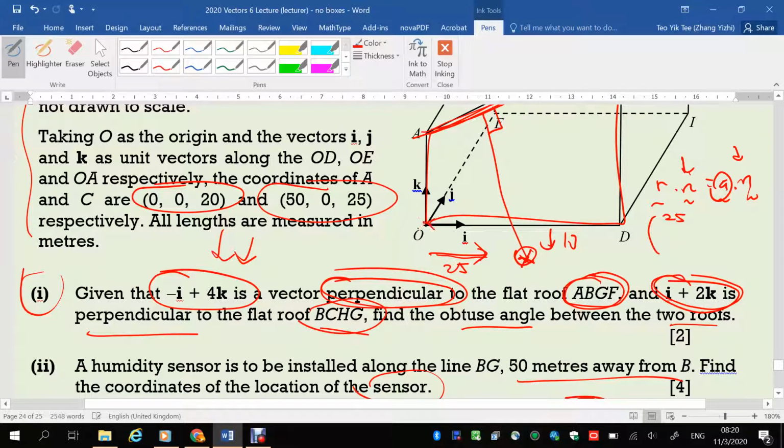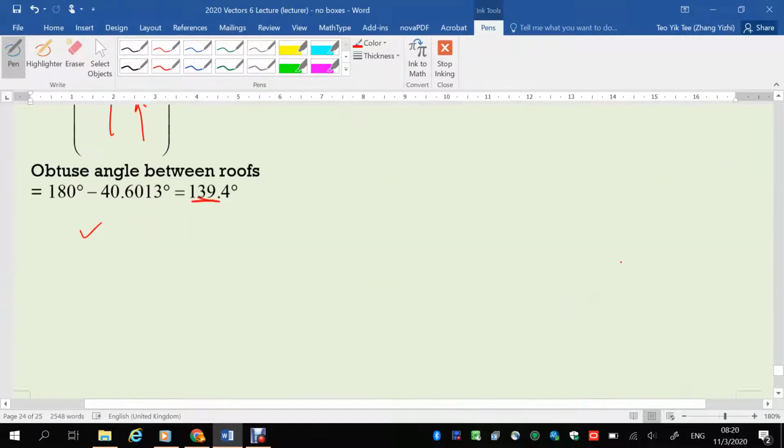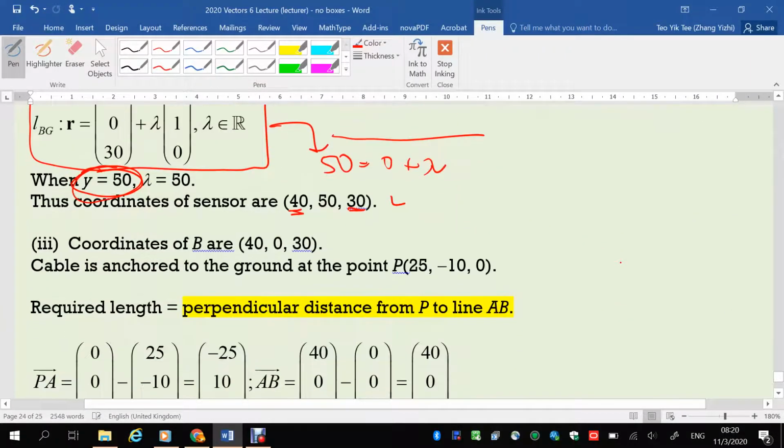So if this is the origin, 10 meters in front will be minus 10, 0. This is where your cable is supposed to be located. So this is where the anchor is supposed to be, and we call it the point P. Then you're supposed to find the perpendicular distance of point P to the line AB.